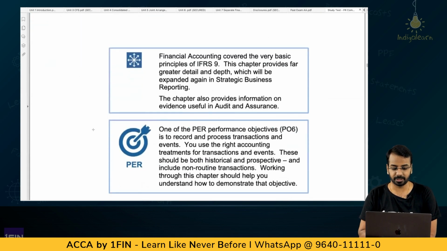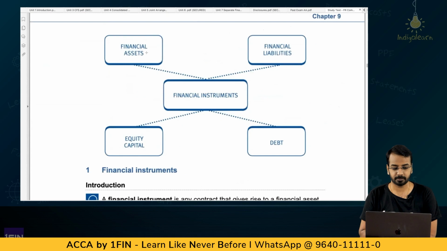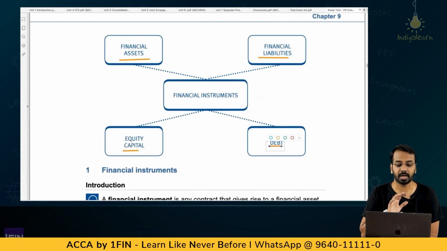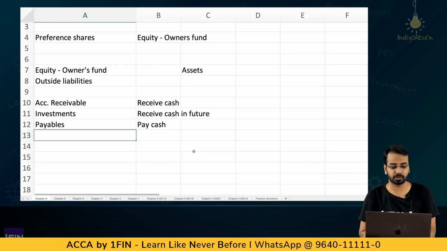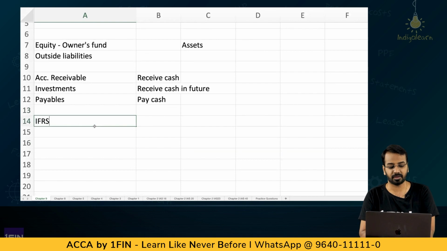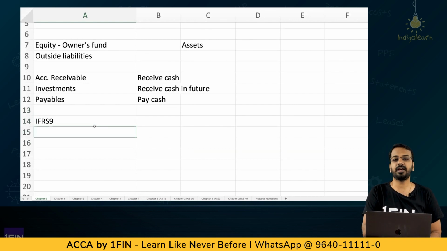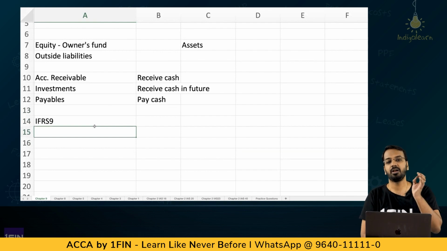Now what we will cover here is what are financial assets, what are financial liabilities, what is equity and debt. These classifications is what we will understand, and all of these are called financial instruments, and the standard that we should be referring to most of the time is IFRS 9. IFRS 9 deals with financial instruments.